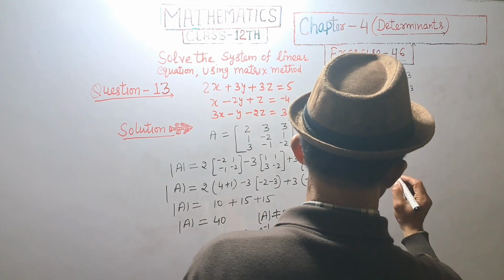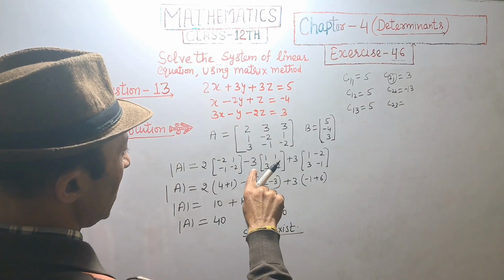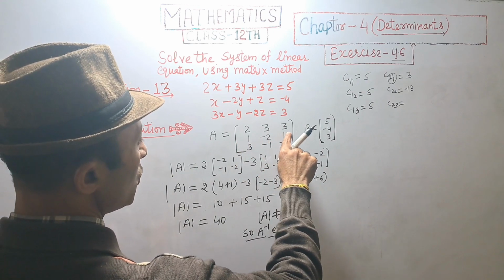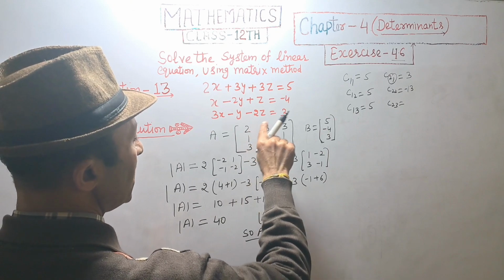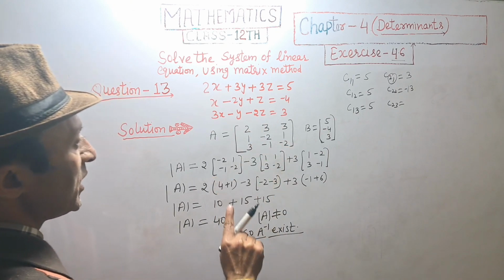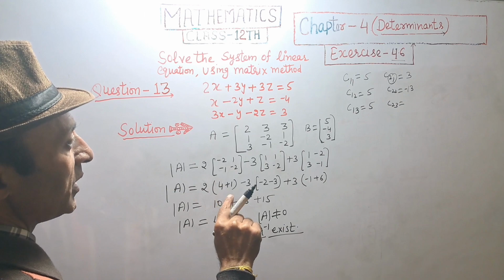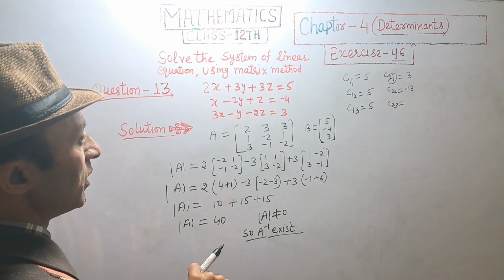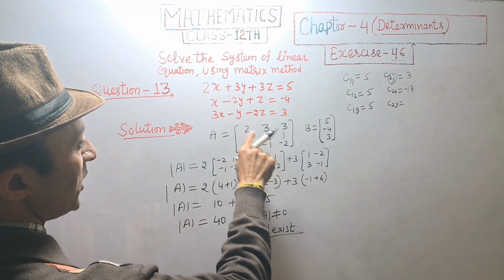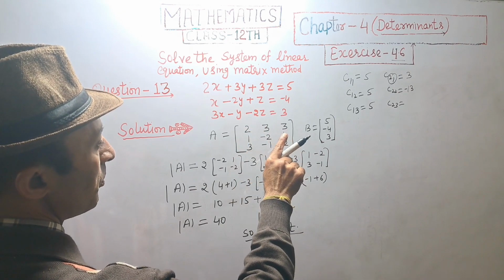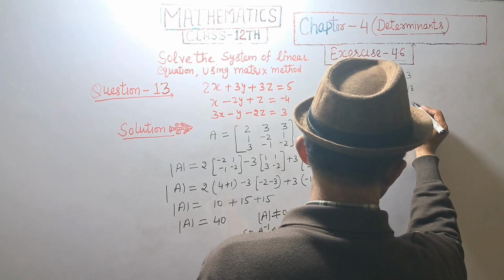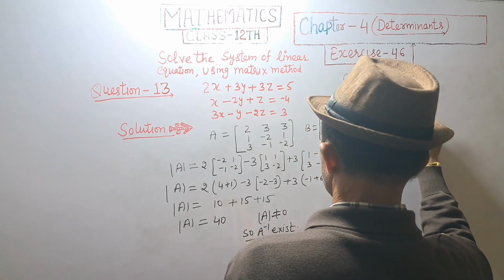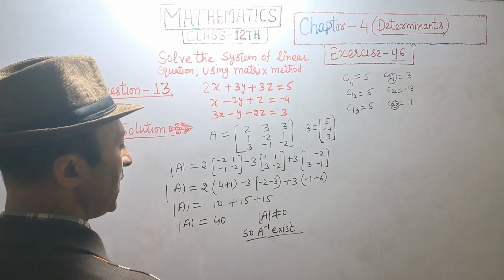And C23: minus 2 minus 9 is minus 11, but 2 plus 3 is 5, so that will be positive 11 after multiplying by minus.